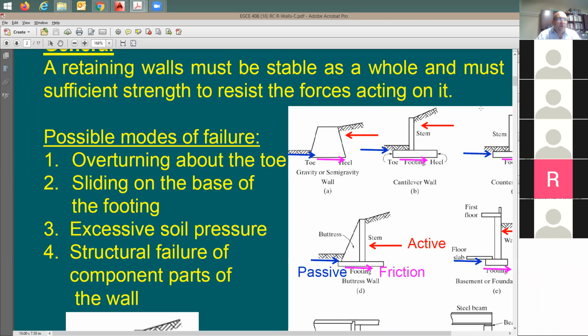Have you guys taken this soil pressure distribution? Did you take soil mechanics? Anyone has not taken soil mechanics class? I'd like to hear from you. I'm taking it right now. Do you know the difference between active and passive soil pressure?